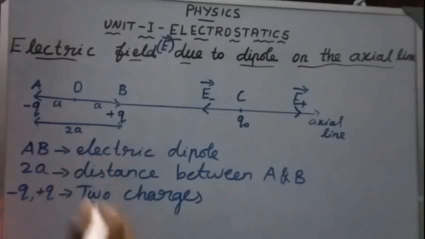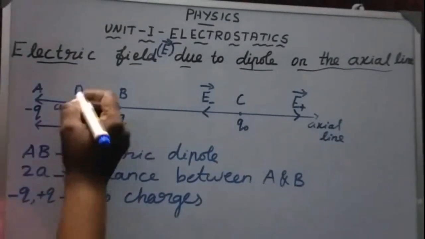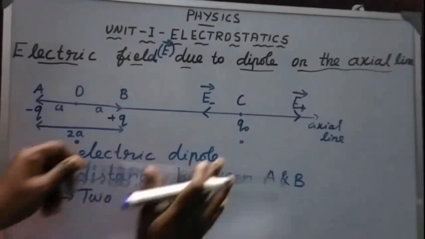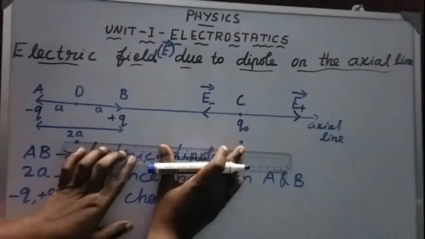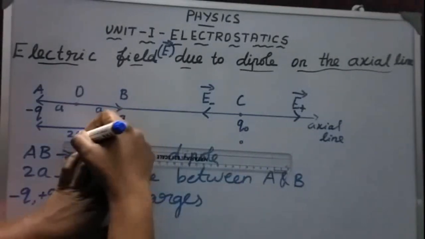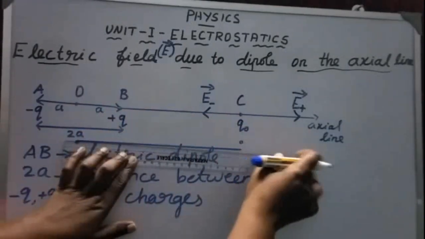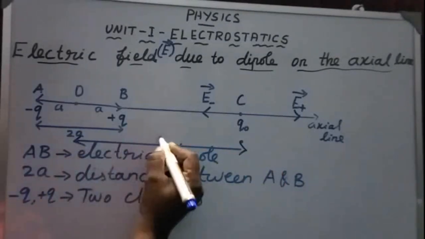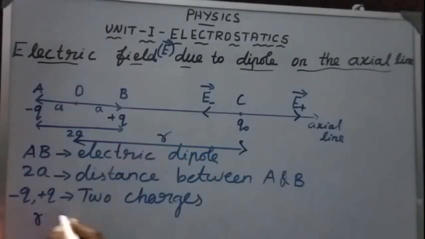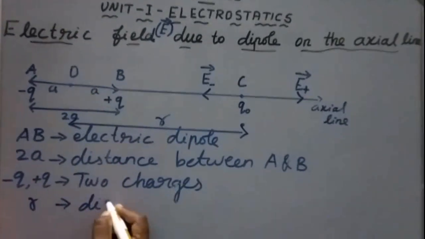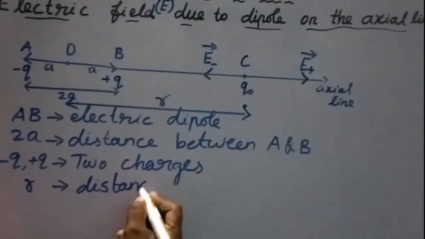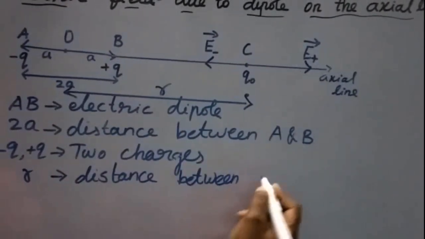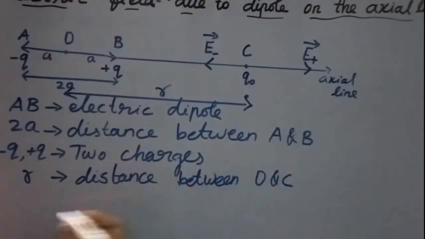Here r is the distance between O and C. So what is r? The distance between O and C. What is C?